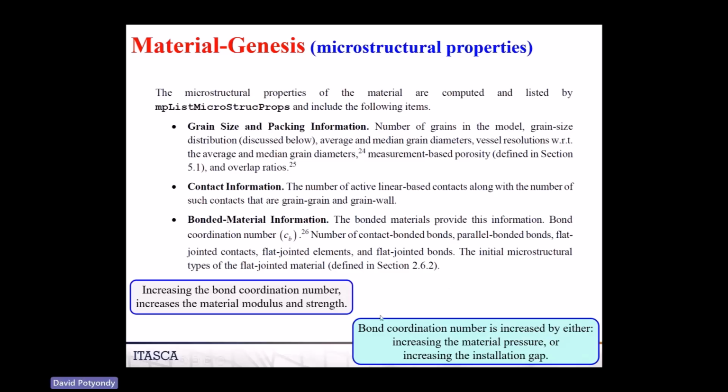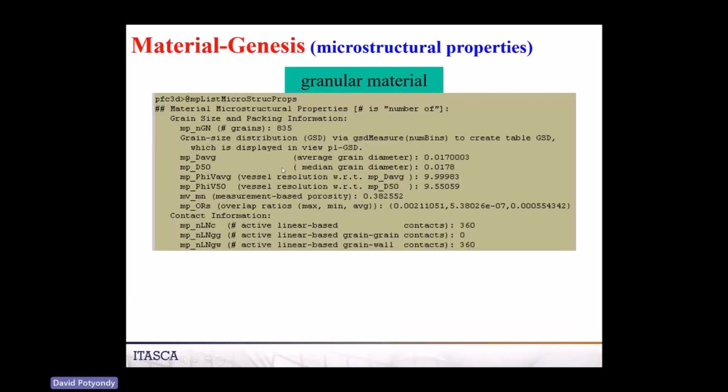So how do we increase the bond coordination number? Well, we can either increase the material pressure or increase the installation gap. For bonded materials, we would increase the installation gap. Okay. And this is what this looks like, right? When you call mp list microstruct props, it goes through the entire system and computes all these different values.